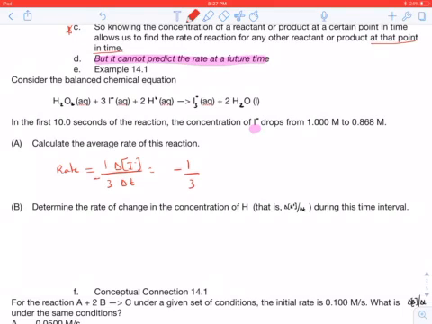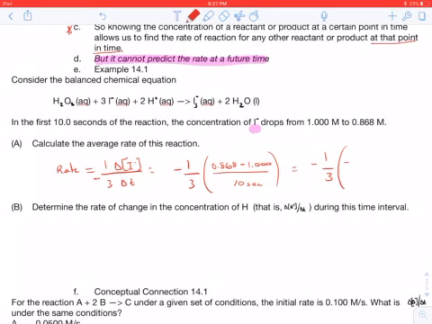So we've got negative 1 over 3, and we're going to take final minus initial, so 0.868 minus 1.000, whoops, parentheses wrong, over 10 seconds. And so right now, when we do this calculation, molarity per second is our label here for our rate, which makes sense. So 0.868, and we're going to subtract 1 from that, and we're going to get negative 1 over 3 still.